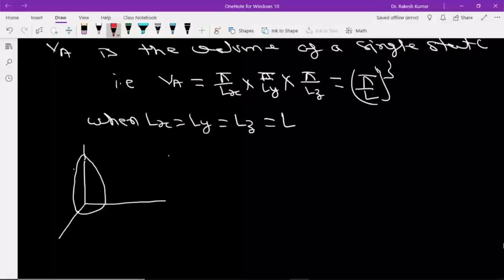If I draw a single state here, we can draw some small volume of an electron like this.